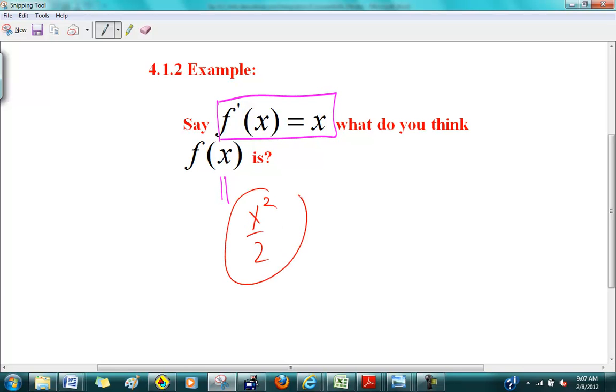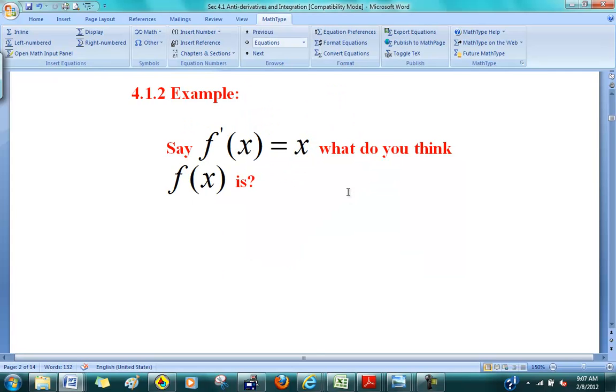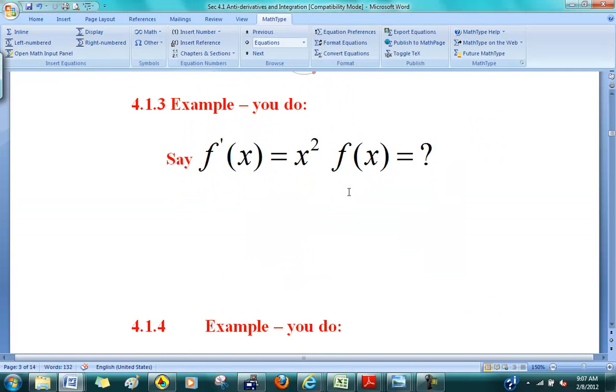Because if you differentiate this, what do you get? 2x over 2, and the 2's cancel to get you back to where you are. See how they are kind of tied? One goes one way, the other goes the other way. Is everybody okay on that?